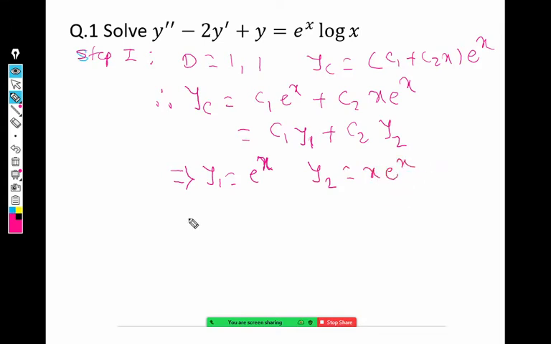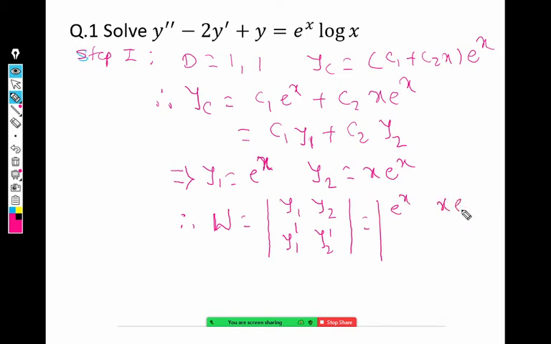Next step, always calculate the Wronskian. Therefore, the value of the Wronskian W is a determinant. First you can write the formula: y1, y2, y1 dash, y2 dash. Now y1 is e raised to x, y2 is x e raised to x. The important task is, what is y1 dash? e raised to x itself, correct.